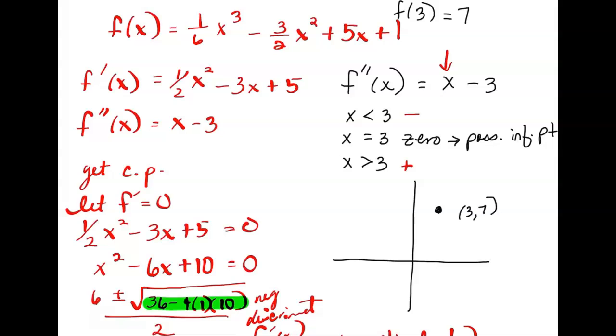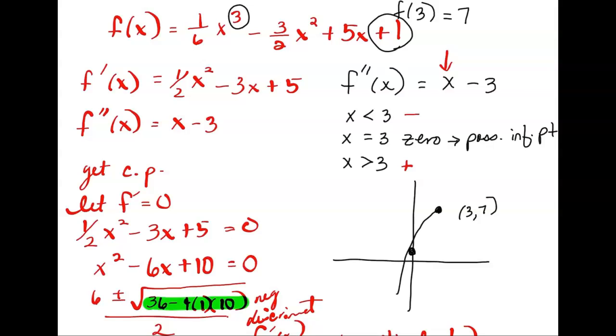Okay, so plugging in 3 into our function f, we find that f of 3 is 7. So we can plot that point on our graph. So we have 3, 7. We need another point. We know that this is a cube function, and so it has the basic shape of a cube, but we need a little bit more precision.